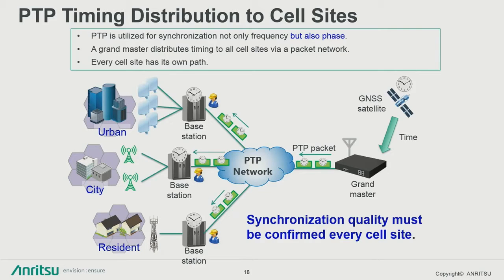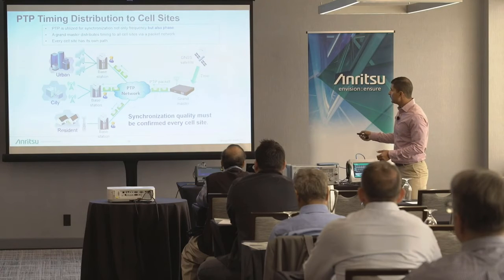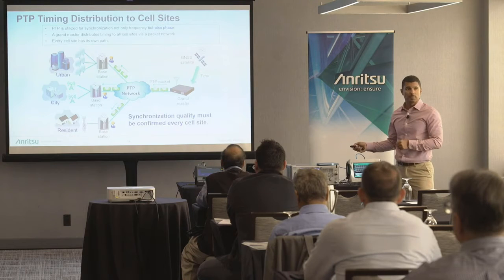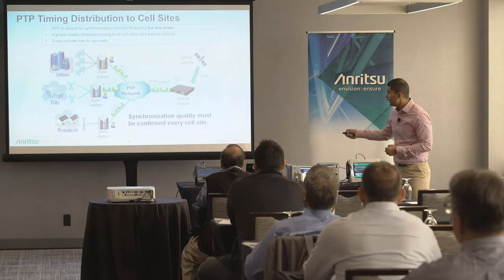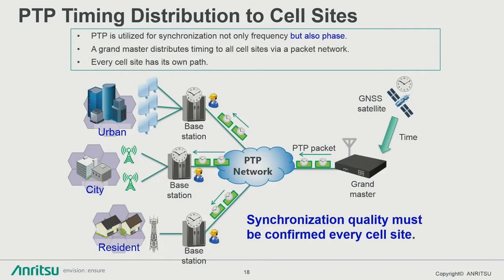So think about this. Instead of having GPS at each one of your base stations, especially our 5G small cells, you're able to have one grandmaster site that's a clock receiving its master timing. This could be at a GPS site, distributing that in Ethernet packets through your PTP network to various base stations.